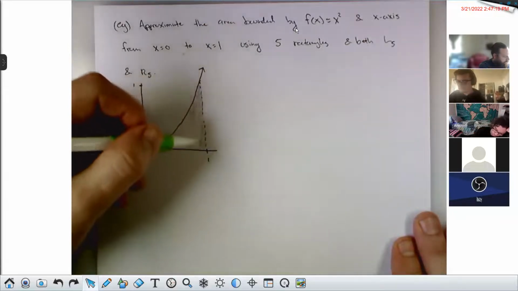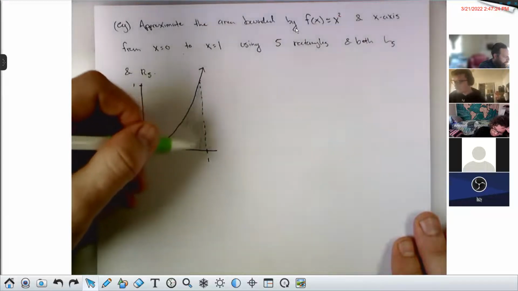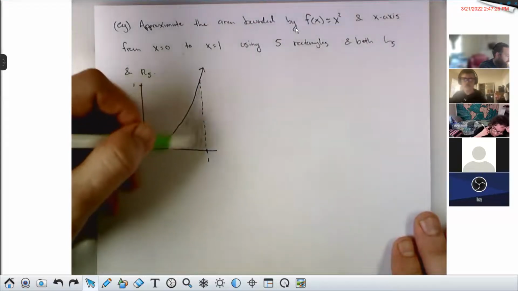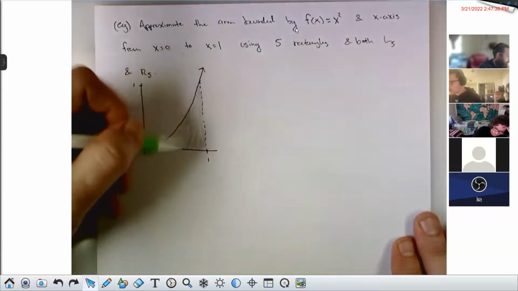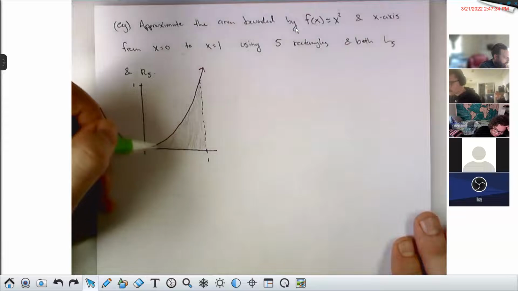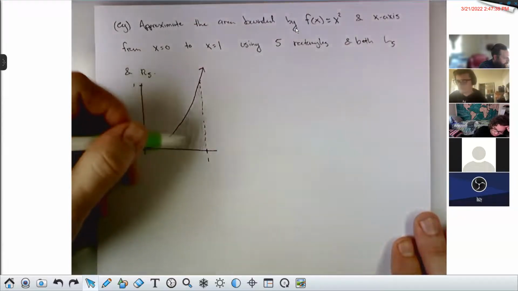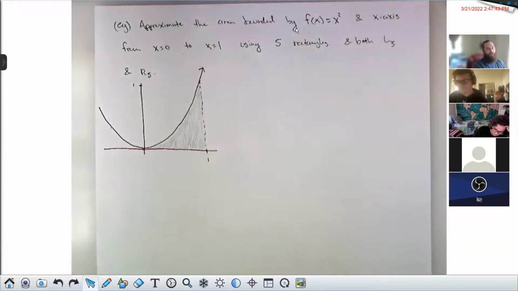Of course, the challenge here is that these areas are bounded by curvy things. If they were made up of all straight pieces, then we can use basic geometry. You can always break that down into things that you know how to calculate. When it comes to curves, areas become a little bit harder to find. Some special cases like circles we can work out, but here's the area I'm trying to calculate.